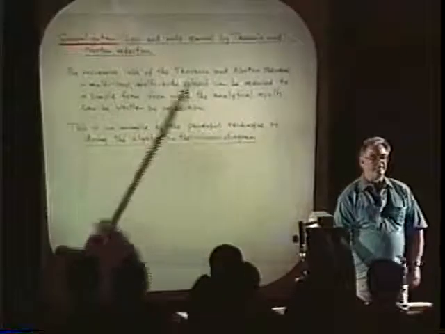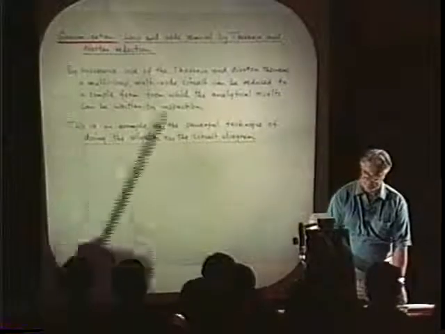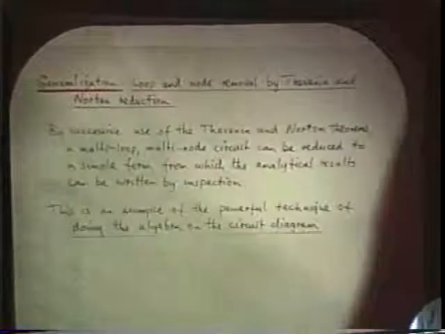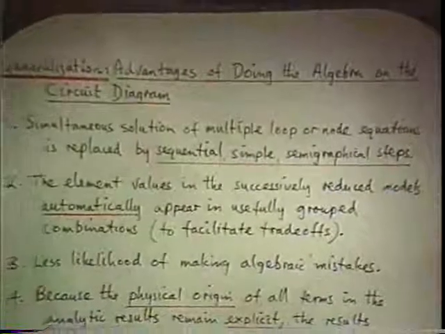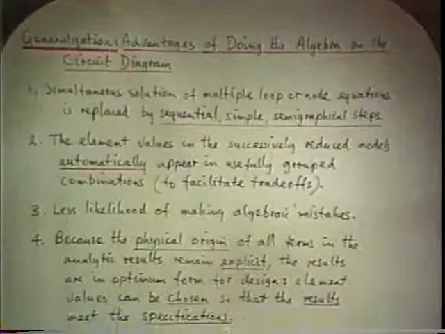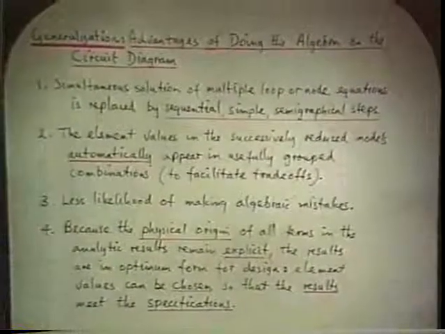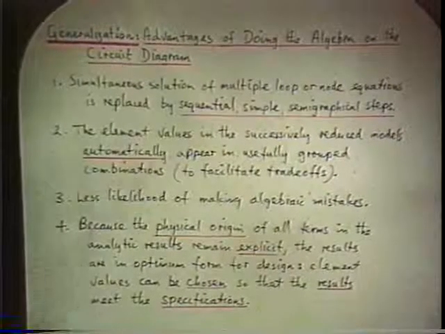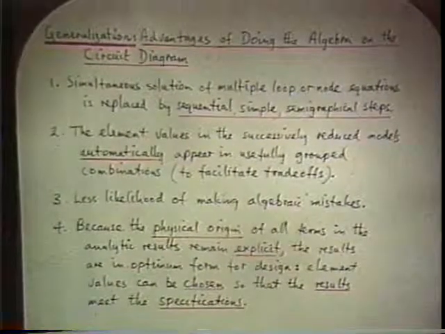Okay, so this is the value of using those theorems. You reduce the number of loops and nodes. And more generally, you replace the simultaneous solution of multiple equations by sequential, simple steps, doing the algebra on the circuit diagram.